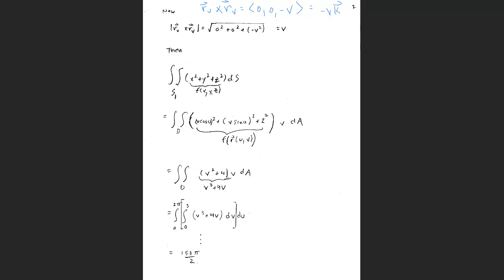So the length of that vector is equal to v. Note that our parameter v was between 0 and 3. So I don't need to worry about having absolute value on this v here.